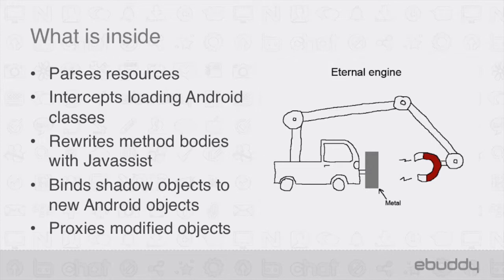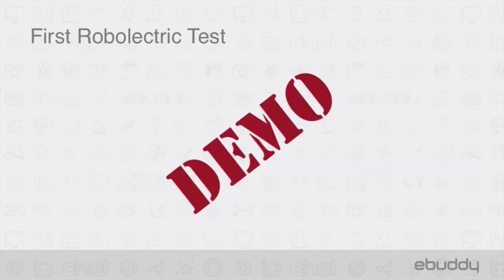Every call to the real object actually goes through these shadow classes. So for the system it looks like Android classes, but they are not. I never saw a demo here, so I will have several demos today, real life coding. I will show you actually how to work with Robolectric.